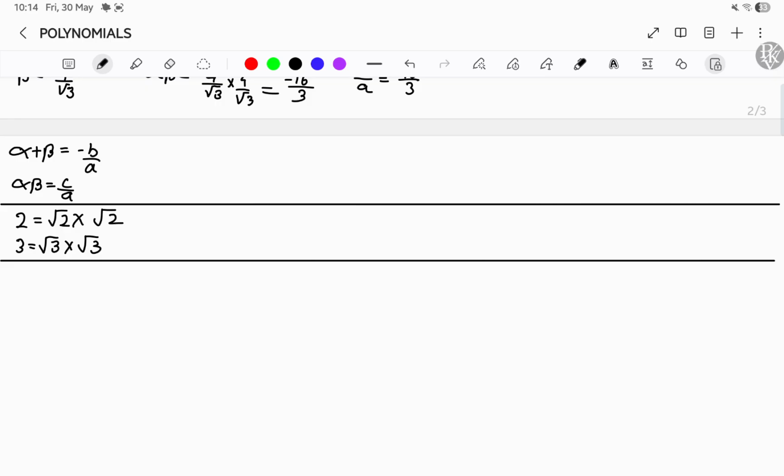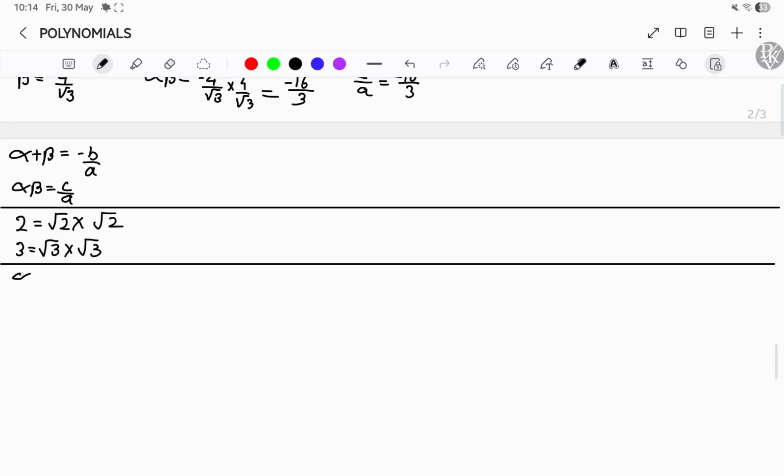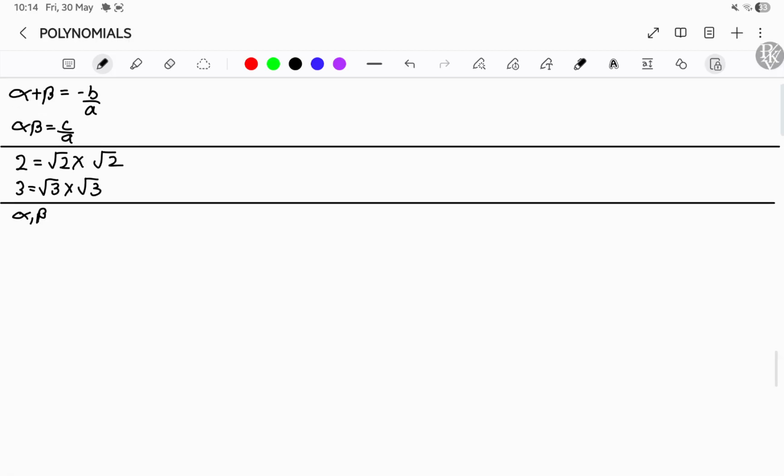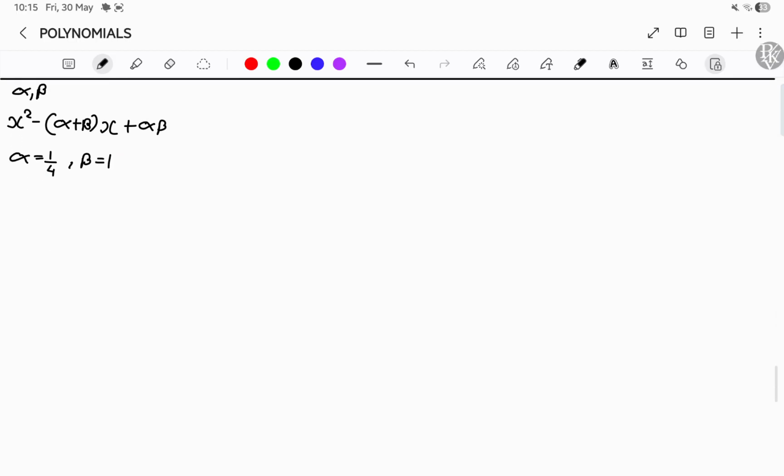Another note to observe here: if we are given alpha and beta, the zeros of the polynomial, then the polynomial would be x square minus (alpha plus beta) x plus alpha beta. So a question might come like, if alpha is equal to 1 by 4 and beta is equal to 1, find the polynomial.